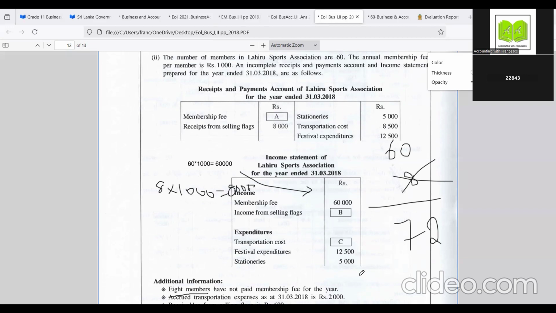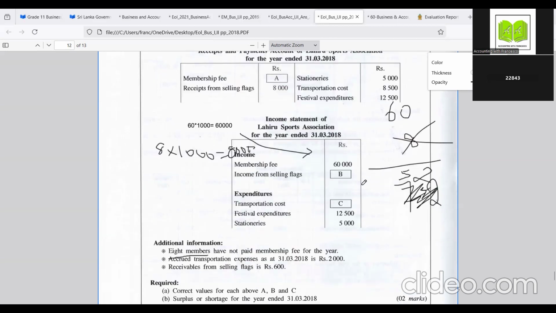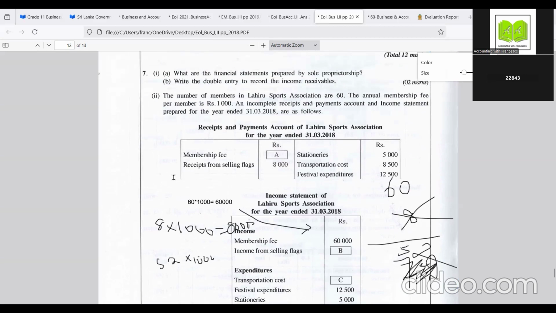I am doing commerce, and from the first day at university, and even in the professional course, I have been using a calculator to do all the sums, because we did not take mathematics, so my maths is weak. So it is 52. I should use a calculator. So 52 multiplied by 1,000 is 52,000. A is 52,000.